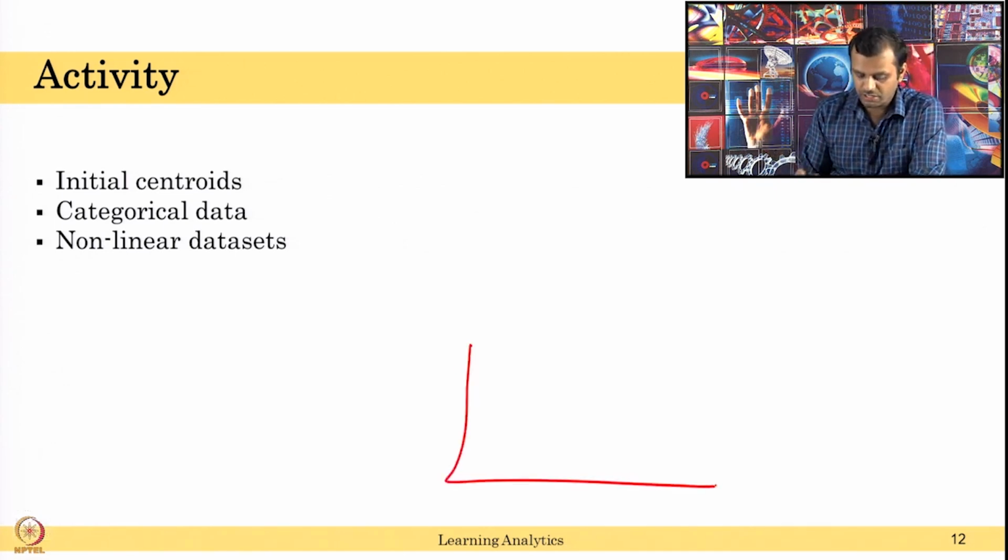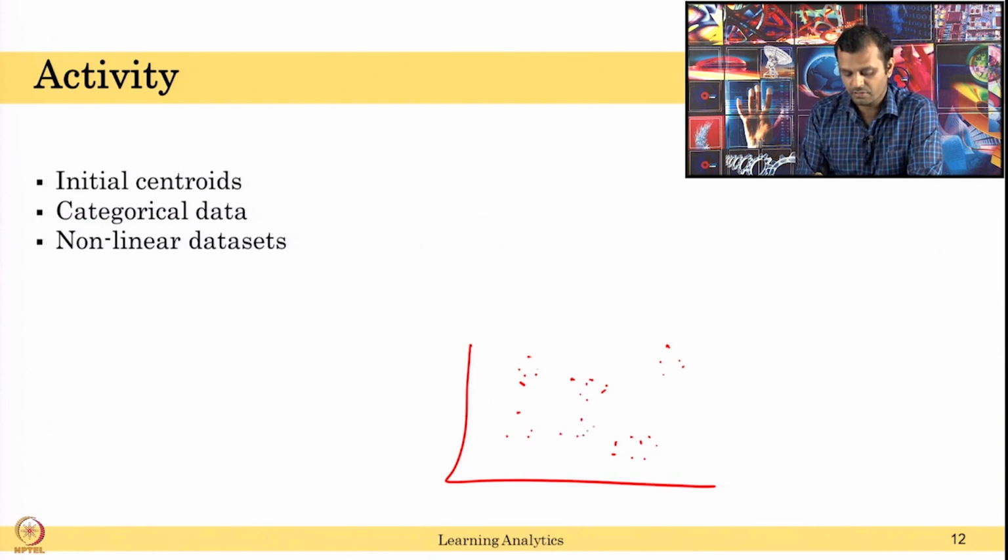So, what is the initial centroid issue? Let us see, there are points like this.